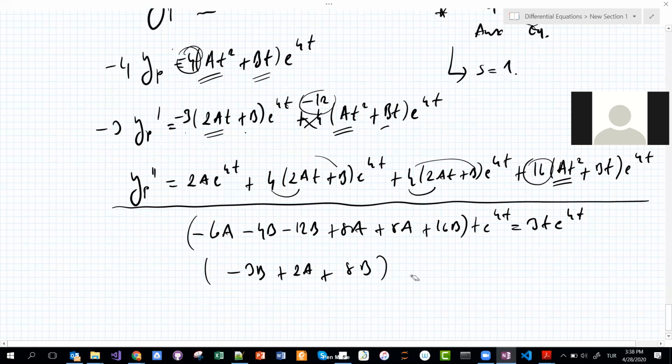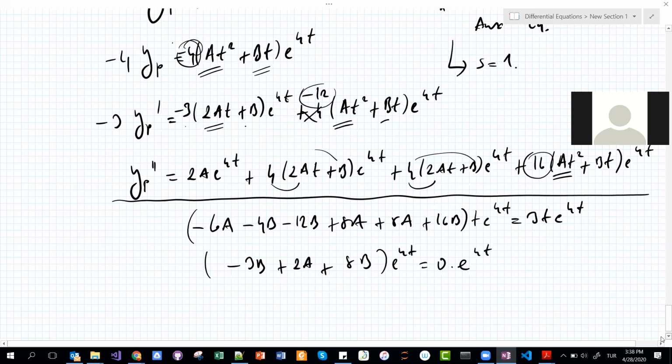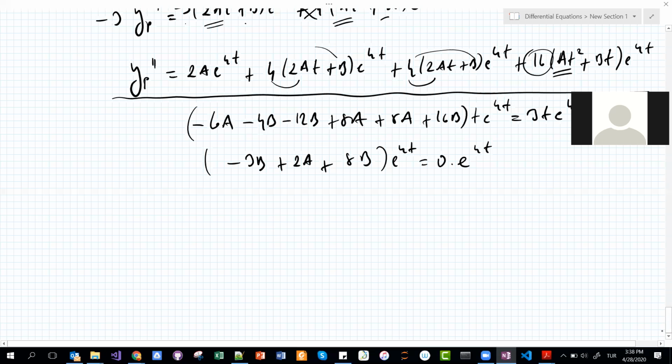So you can write it in this way, since that was the term e to the 4t, but I don't have the constant e to the 4t on the right-hand side. That is why I can write it this way. So now it is time to solve for a and b. From the first one, I have 8a and 8a minus 6a, which is 10a, and 16b minus 16b, they will cancel. Well, look at that, that's good.